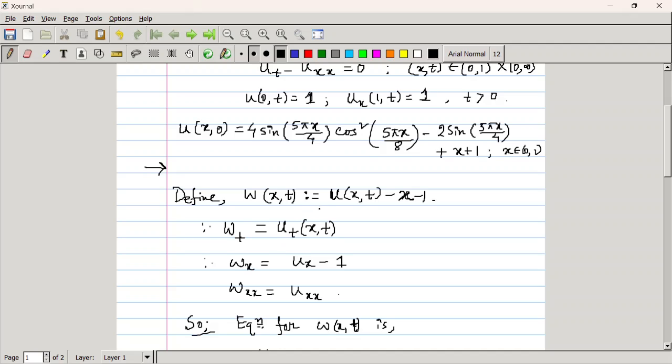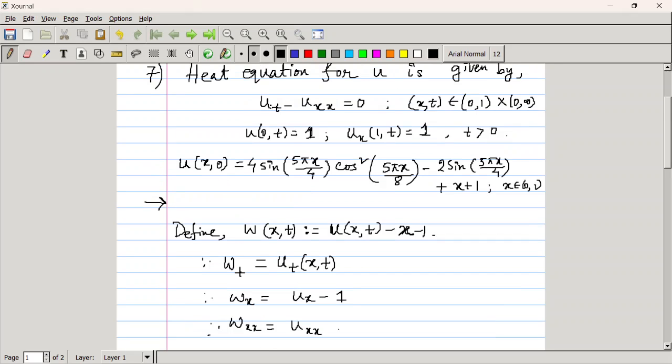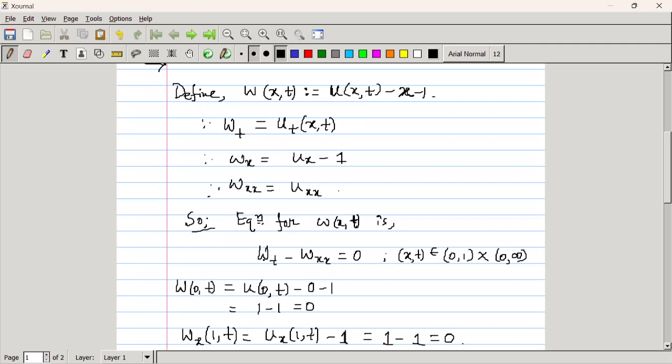Wx is ux minus the derivative of x with respect to x, that is 1, and wxx is again partial derivative with respect to x, that is same as uxx. So my equation for u is ut minus uxx equal to 0. Now I got ut equal to wt and uxx equal to wxx. So my equation changes to wt minus wxx equal to 0.